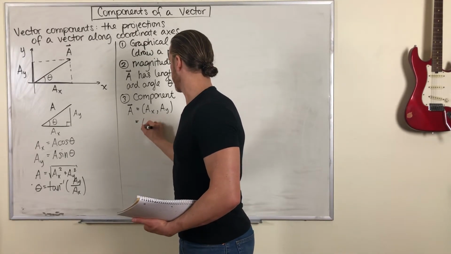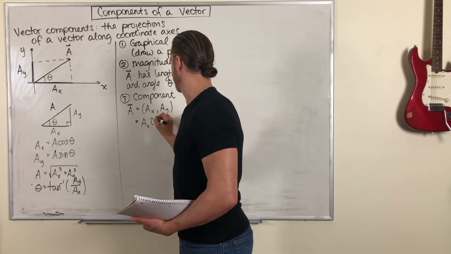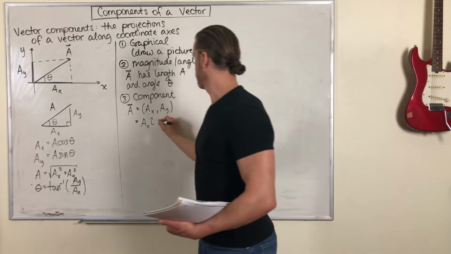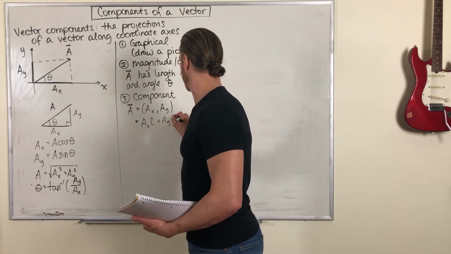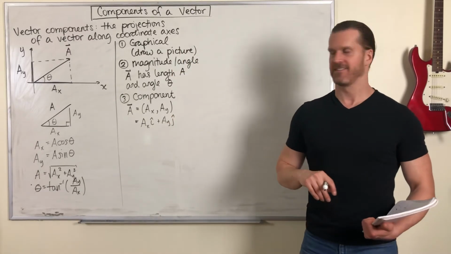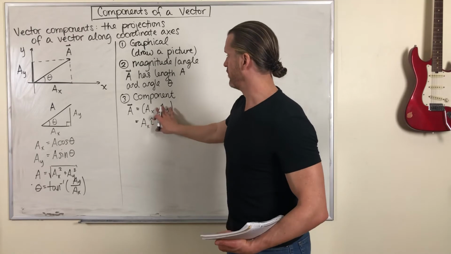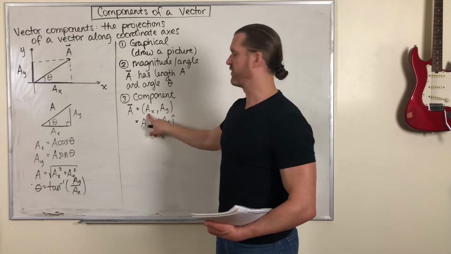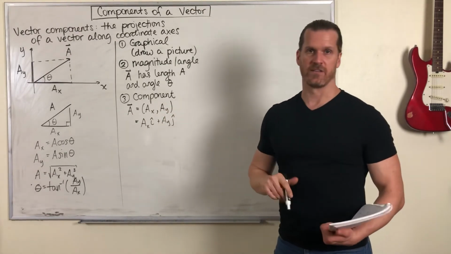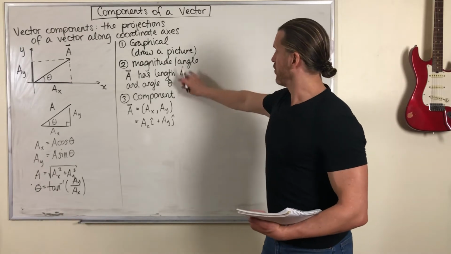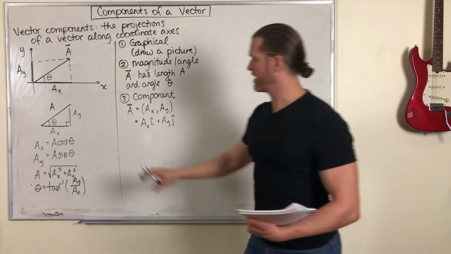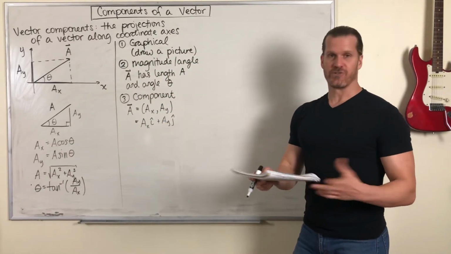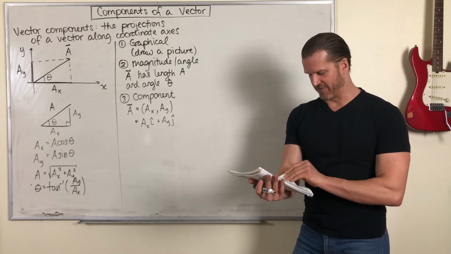Or you can write it like this: A_x times this thing we call a unit vector, that's a letter I with a little caret or hat on top, plus A_y times J hat. So either notation is okay. Both those notations are saying vector A has this value of x component, that value of y component. And you can go back and forth between these two representations by using your knowledge of trigonometry. So we should do an example calculation here to see how this works.